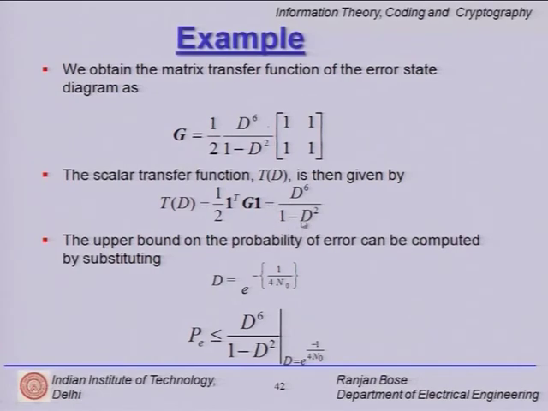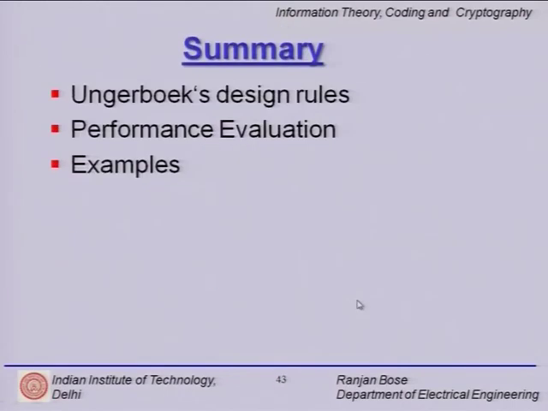We could have solved it using a traditional method, also using dummy variables in the middle. We have learned how to solve this. So, T(D) comes out to be this. Once we have the T(D) in any way you would like to calculate, then you substitute D equal to e raised to power minus 1 over 4 N naught, and you have the upper bound on the probability of error. So, this gives a basic idea.